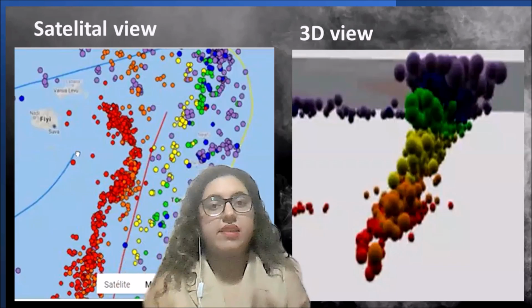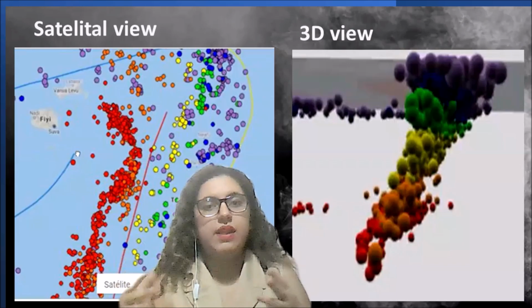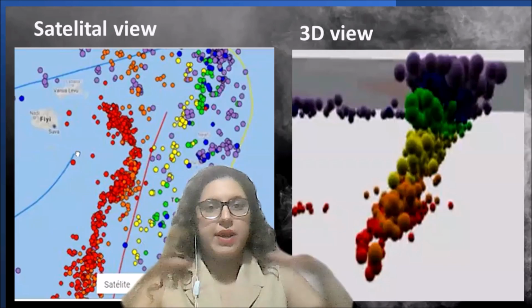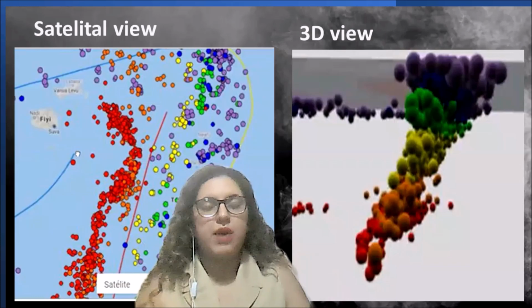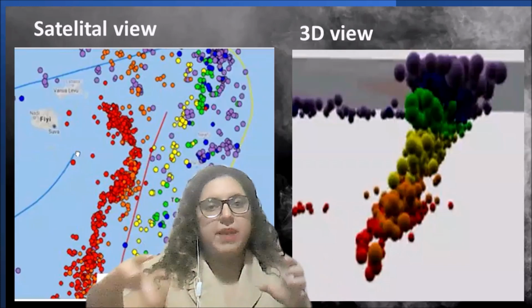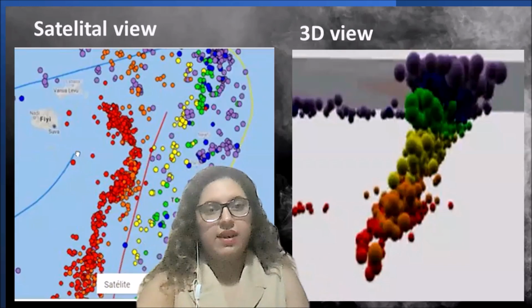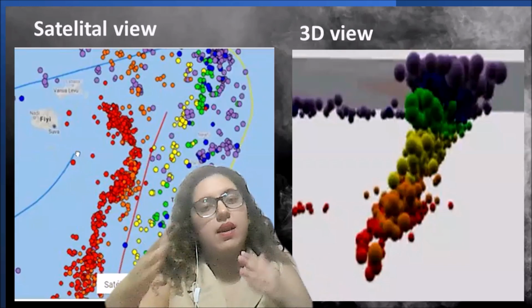That is more representative in 3D view, where we accumulate more deep events, and they dissipate around the rectangular area that we have, a vertical area.